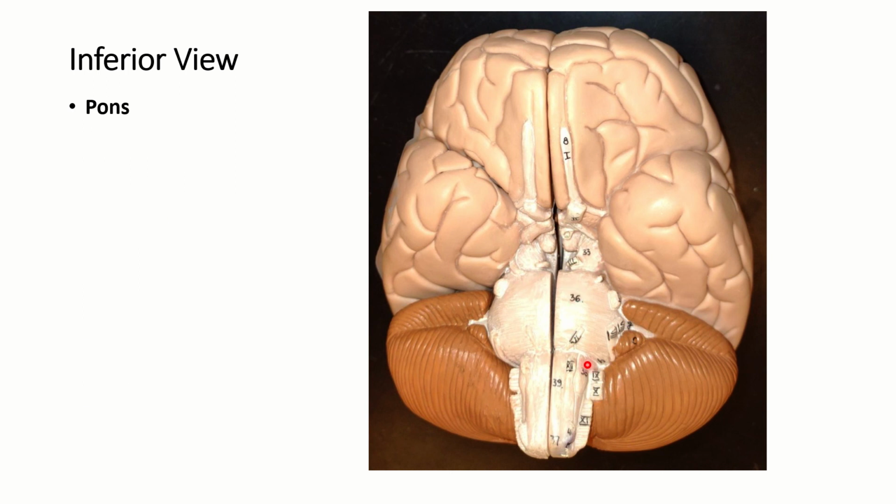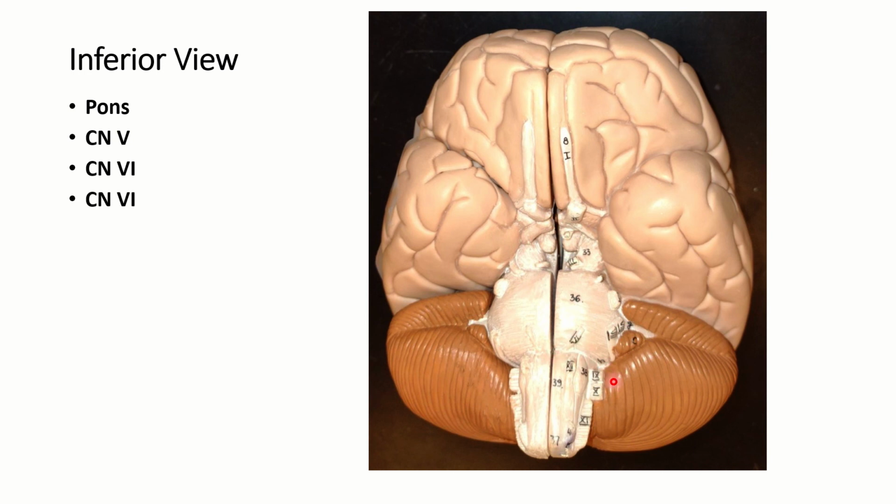This whole thing that you see is the pons. Cranial nerve 5, the thickest cranial nerve. Cranial nerve 6, you can see it, it's in the area between the pons and medulla oblongata, so it's located more medially.